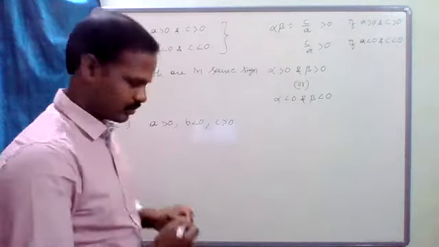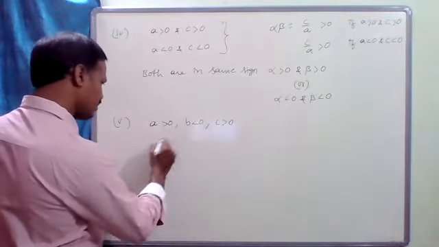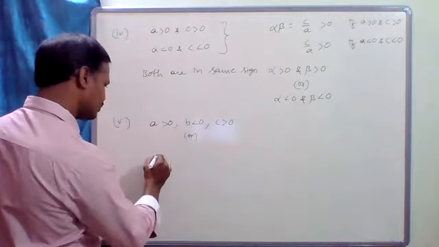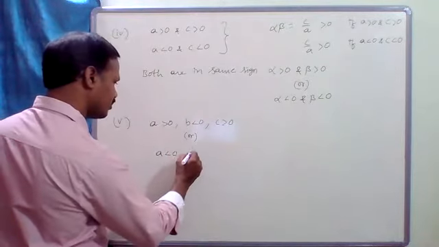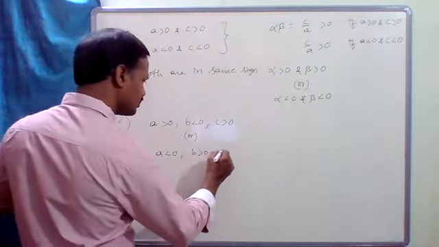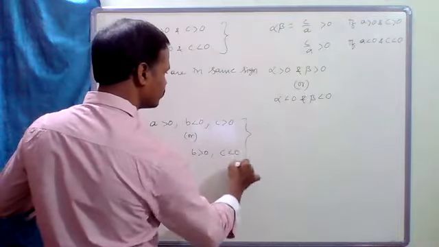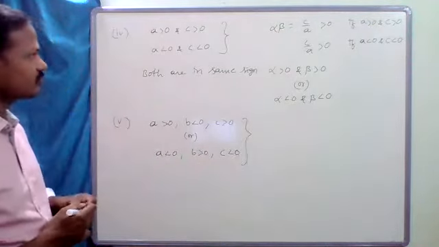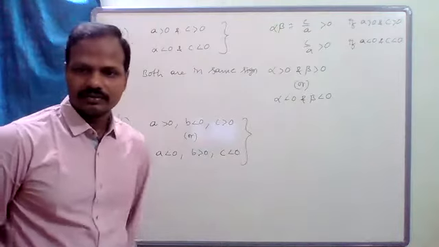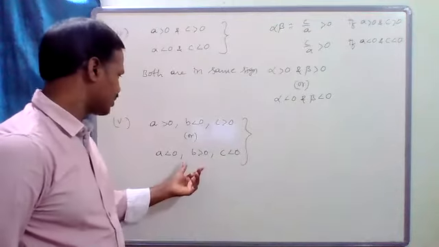So what can I say about the roots? Otherwise, another case also: A less than 0, B greater than 0, C less than 0. So what can I say about the nature of the roots?